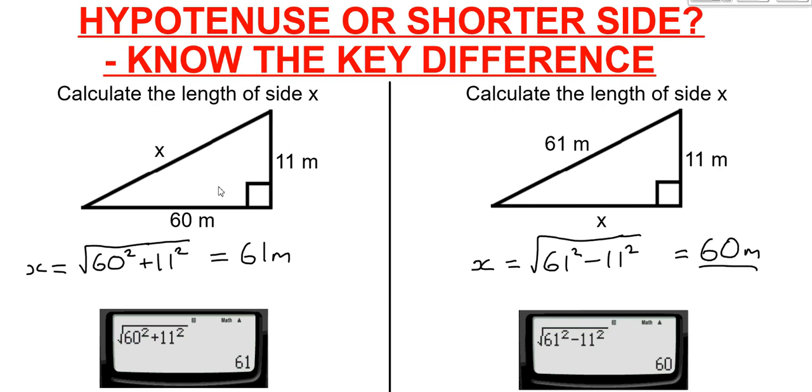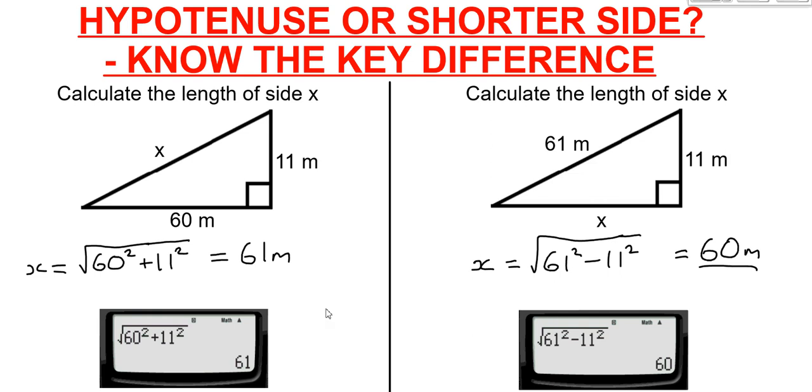So Pythagoras, if you're trying to find one side, you'll know the other two. Assuming it's a right angled triangle and you've checked it's a right angled triangle, if it's the longer side you're trying to find, the hypotenuse, it'll be one square plus the other square, all underneath the square root symbol. If it's a short side you're trying to find, it's one square minus the other square, all square rooted.